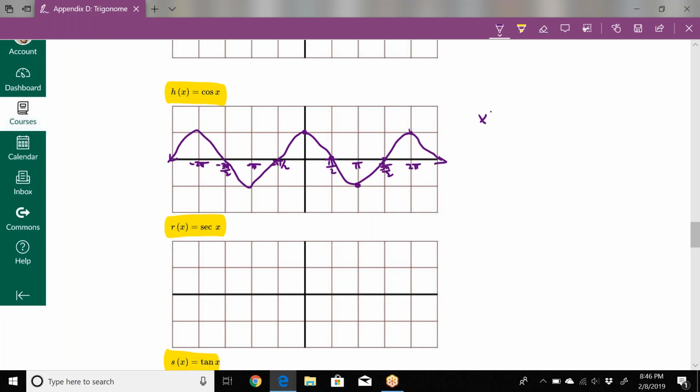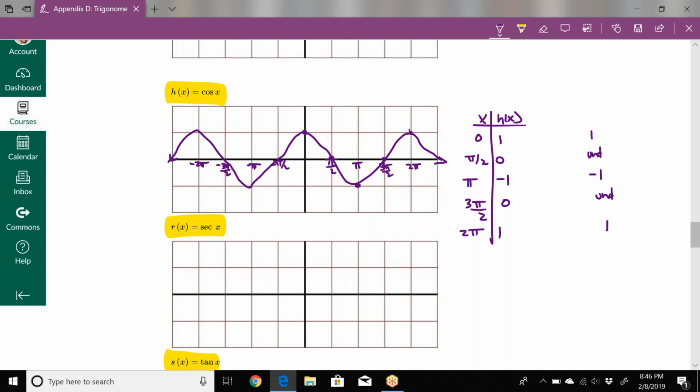Remember, we made a chart in class to help us see this. 0 is at 1, pi over 2 was at 0, pi is at negative 1, 3 pi over 2 is at 0, and 2 pi is at 1. So when you flip these, this becomes still 1, this would be undefined, this would still be negative 1, this would be undefined, and this would be 1.